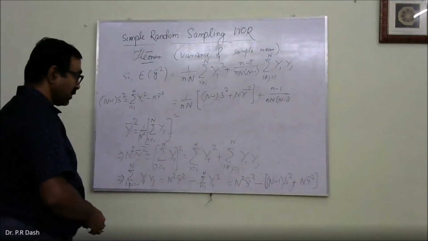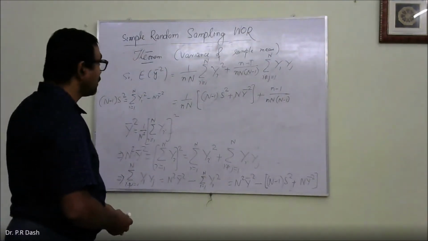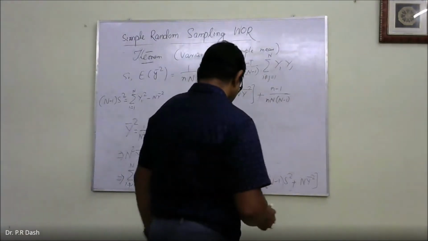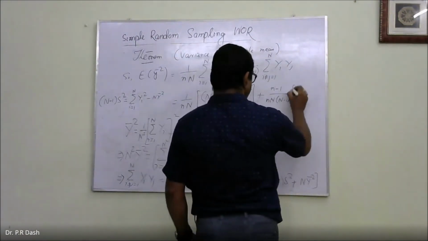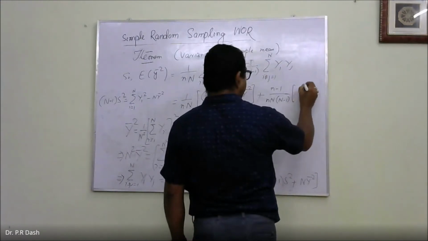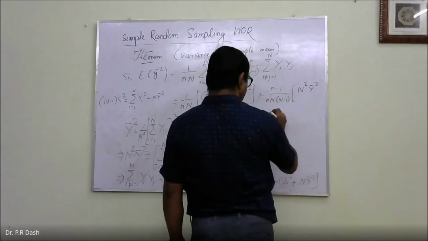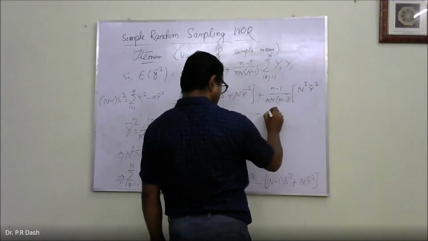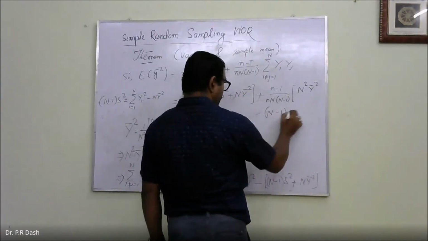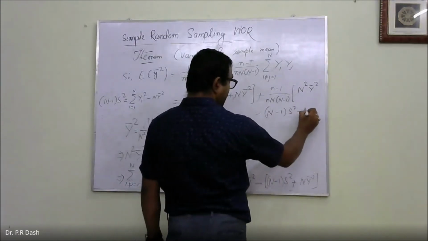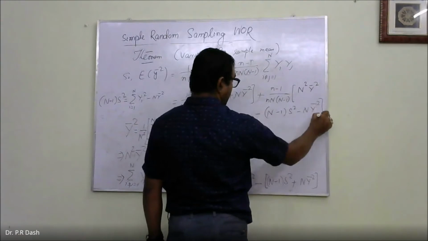So using this result here, this will be n square y bar square minus n minus 1 s square minus n y bar square.